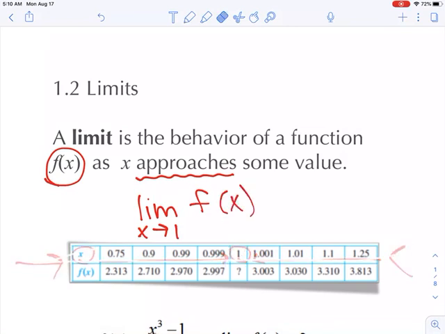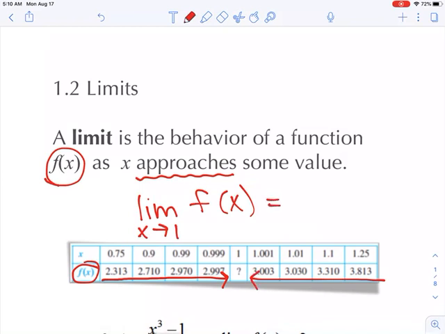Now let's look at these y values. As we get closer and closer to x is 1, what's happening to our y values? It looks like our y values are getting closer and closer to 3.